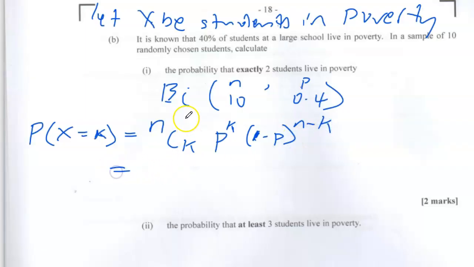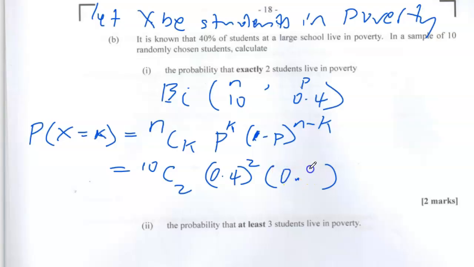Using this, n is 10, exactly 2, so 10 choose 2. p is 0.4, so 0.4 to the power of 2. In the second bracket we have 1 minus p, which is 1 minus 0.4, so 0.6. Notice the two probabilities in the brackets always have to add to 1 when you're using the binomial formula. And the power here is n minus k, so 10 minus 2, which is 8.